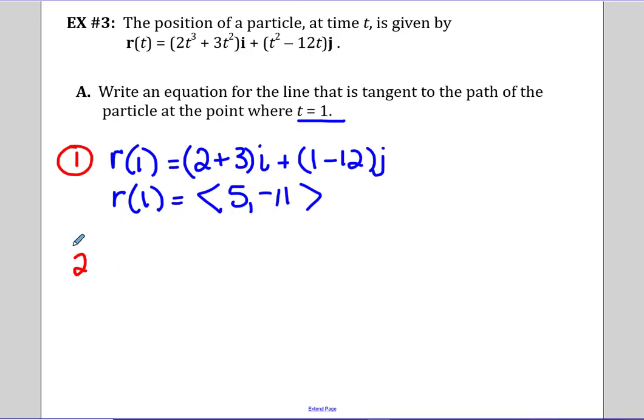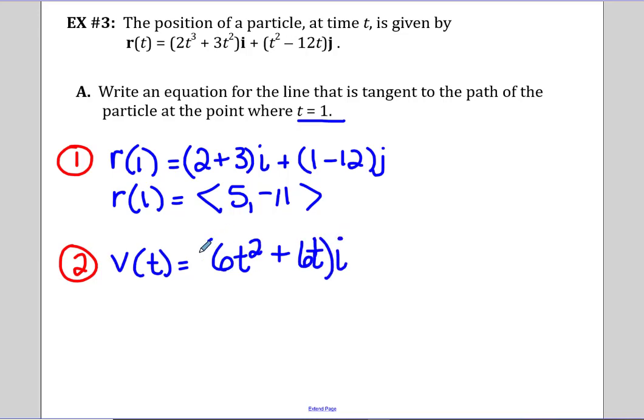Secondly, we're going to find out what the velocity is. So velocity is going to be 6t squared plus 6t in the horizontal direction and 2t minus 12 in the vertical direction.